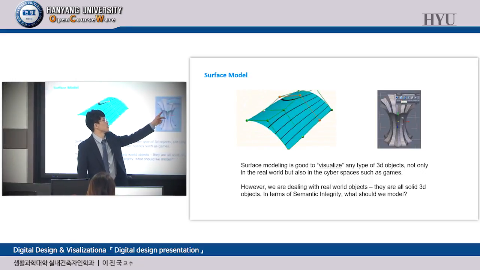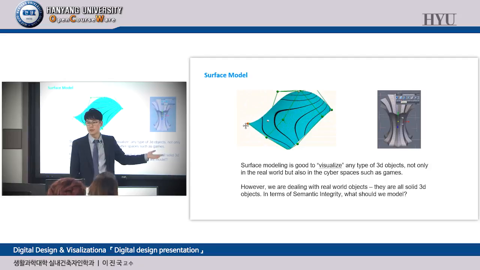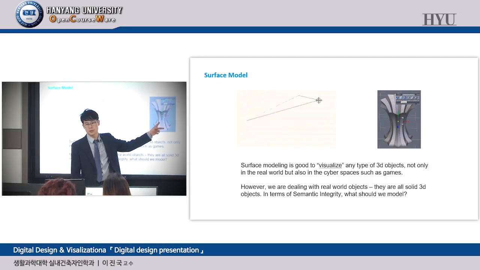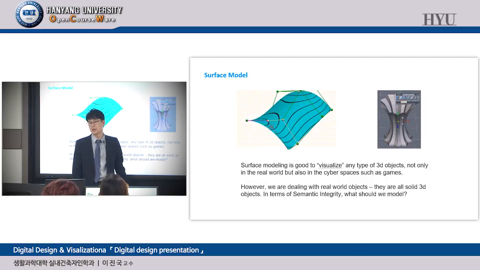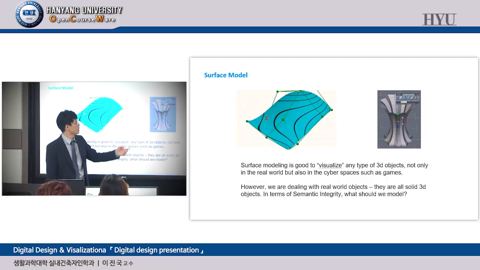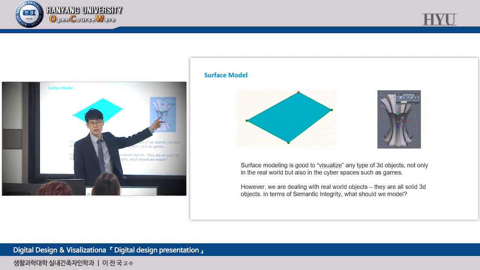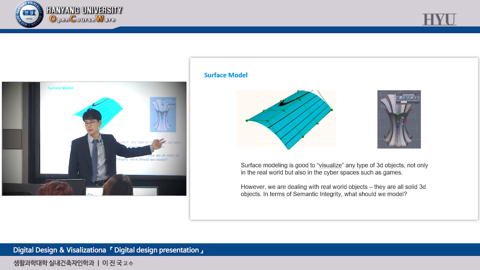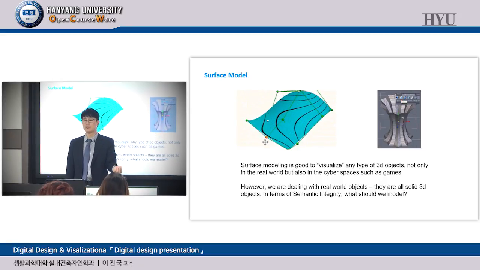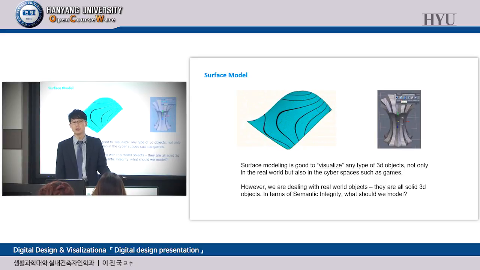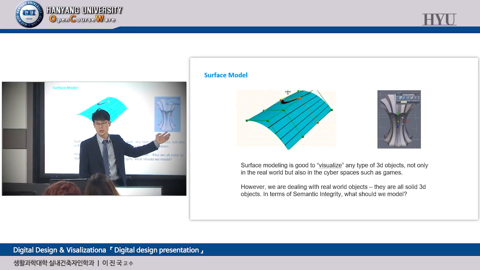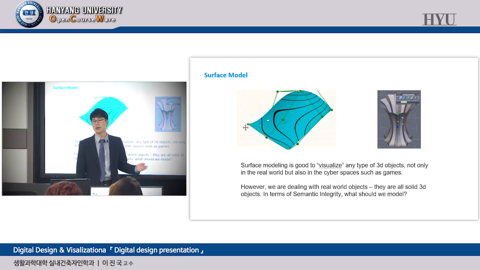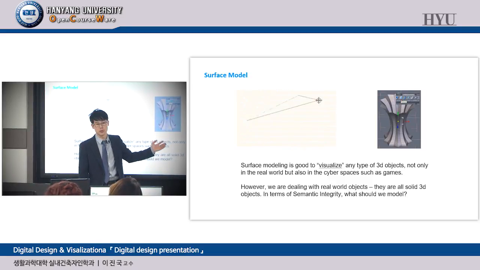Take a look at this one. In the real world, there is no this kind of object. This one has an entire surface, zero thickness. But in the real world, this one is supposed to be 0.1 millimeter thickness by real product, real material. Anyway, this kind of mathematical definition can be represented by computers virtually.